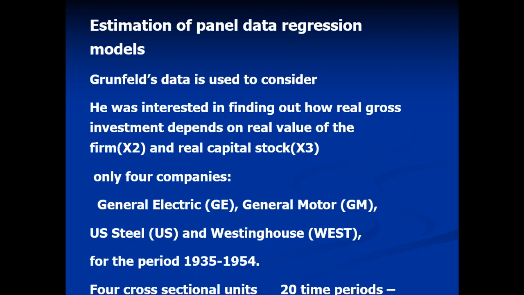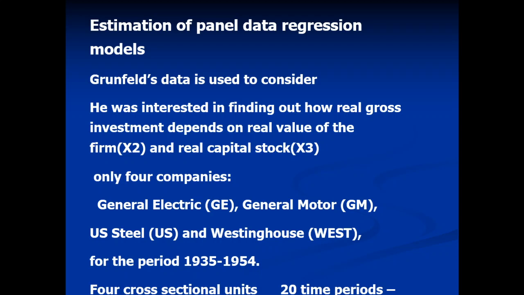And he was looking into four companies: General Electric, General Motors, US Steel and Westinghouse, for the period 1935 to 1954. I think it is 20 years of data. So what is the T here? You have 20 years, 1935, 36, 37, 38, etc. to 1954. And what is I here?